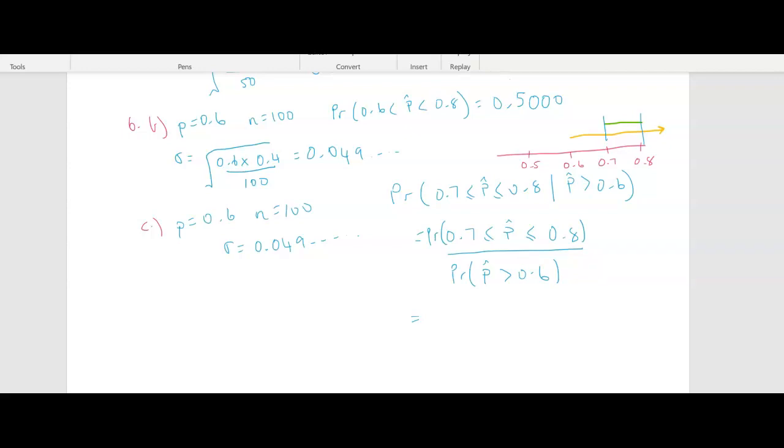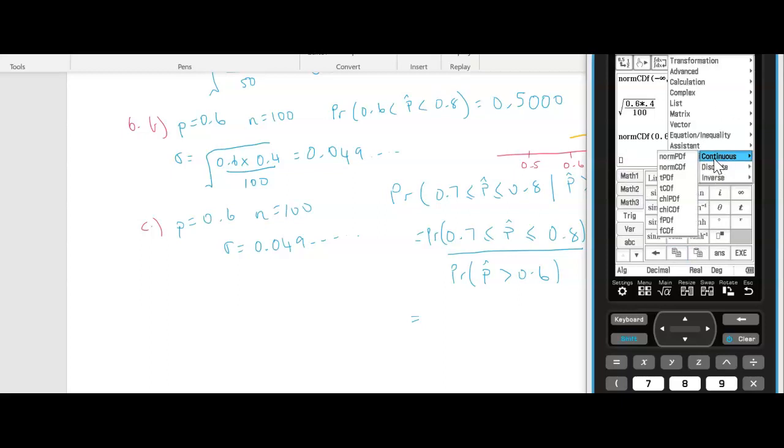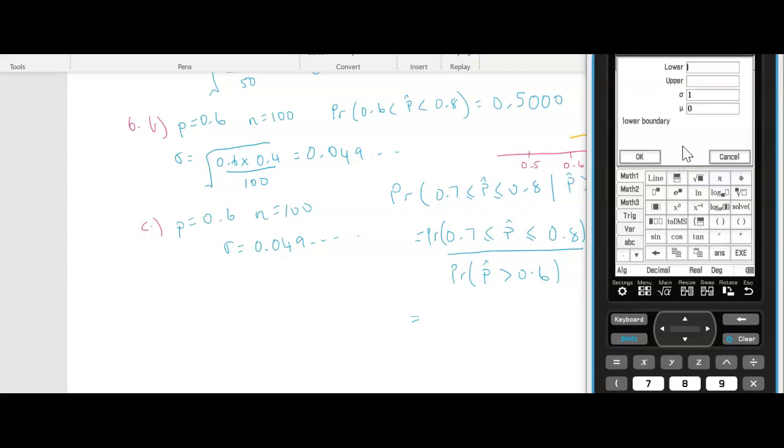All right, so let's do that on the calculator. I think I've already got my standard deviation highlighted, but I'll do it again. All right, continuous normal CDF.